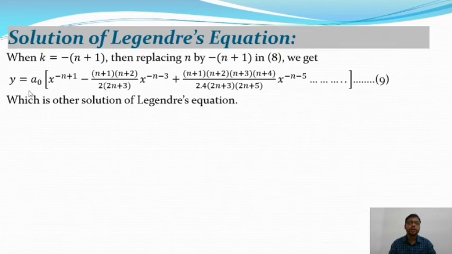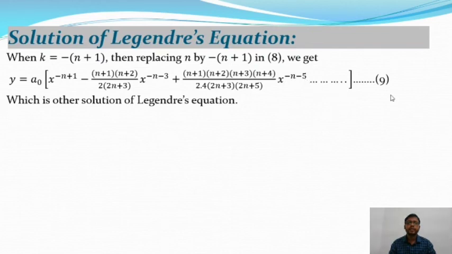That means y is equal to a0 into x to the power minus n plus 1, minus (n plus 1) into (n plus 2) by 2 into (2n plus 3) into x to the power minus n minus 3, plus (n plus 1) into (n plus 2) into (n plus 3) into (n plus 4) by 2 into 4 into (2n plus 3) into (2n plus 5) into x to the power minus n minus 5 and up to infinity.